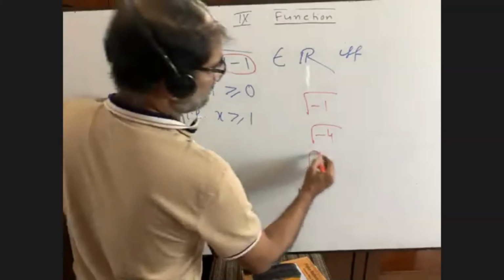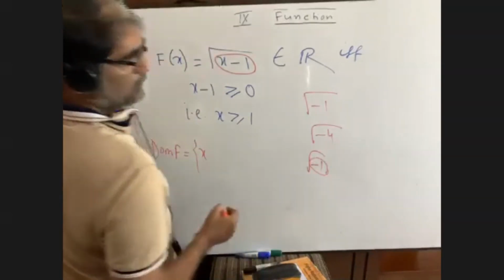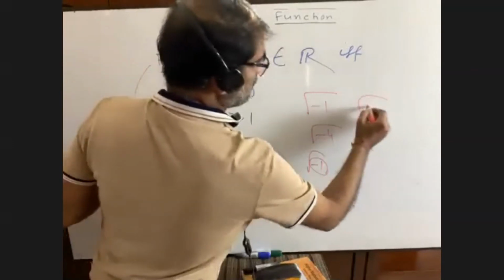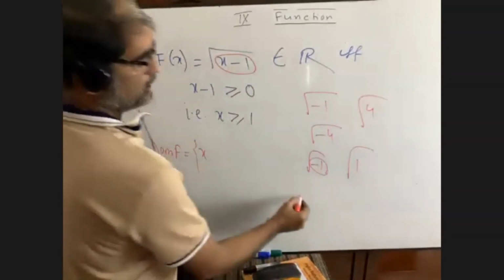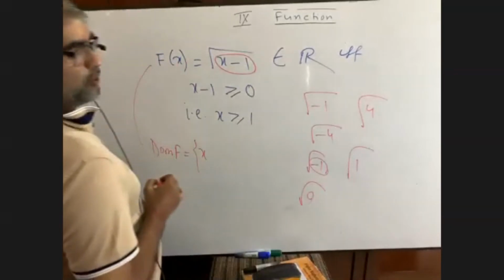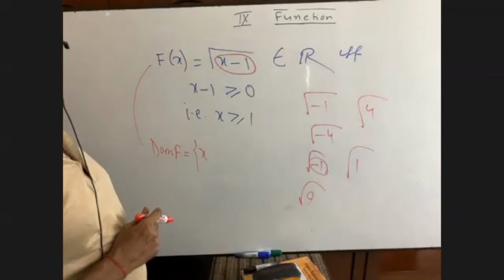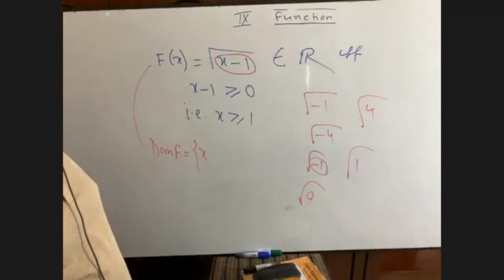It is not possible because it is negative, but it is possible because it is positive. Anything negative inside the square root is not possible, so it will be greater than or equal to 0.